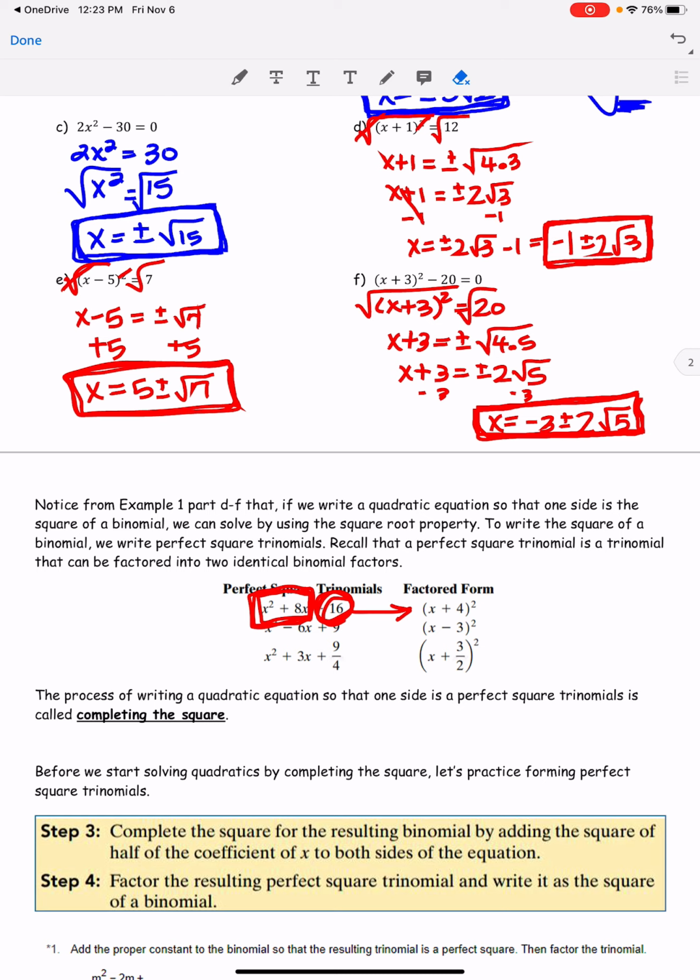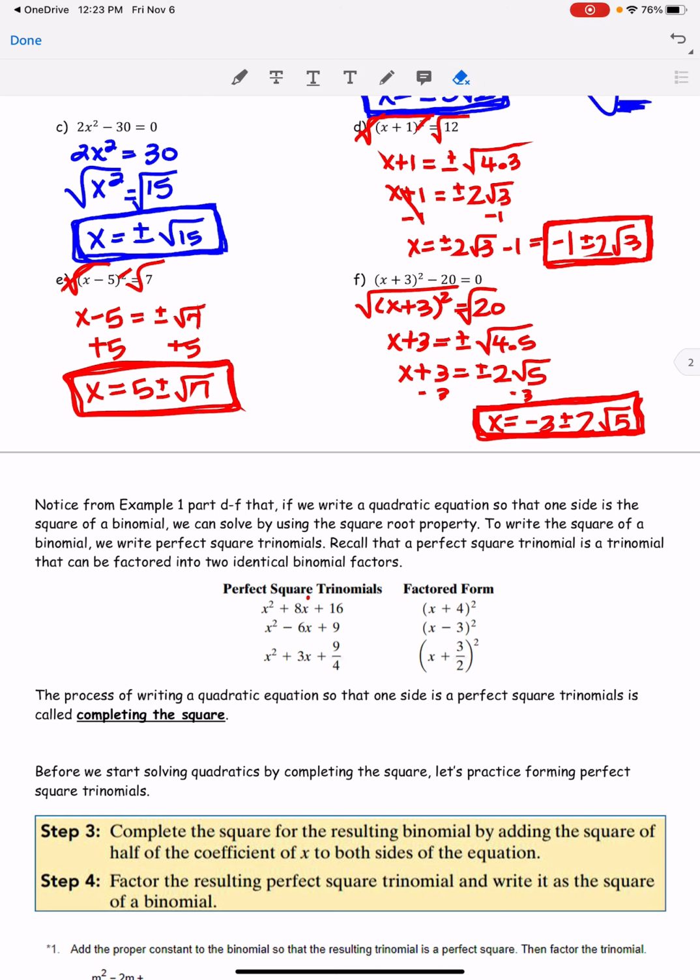Okay, that's the whole goal here. And when we do that, this process of writing a quadratic equation so that one side is a perfect square trinomial, that is called completing the square. So like I said, we're going to be given this portion here, and I've got to figure out what to add in there to make it that.